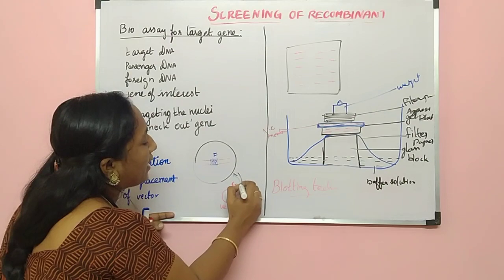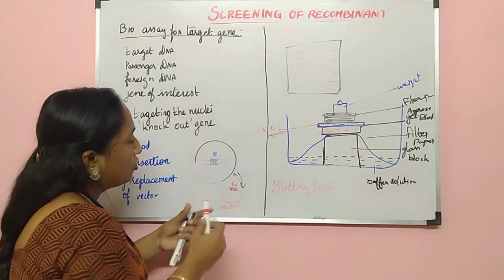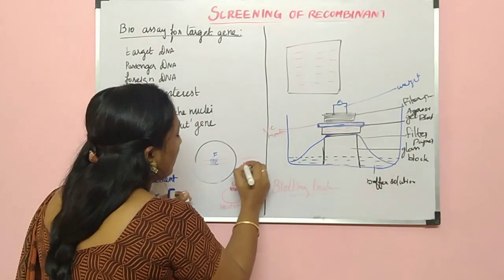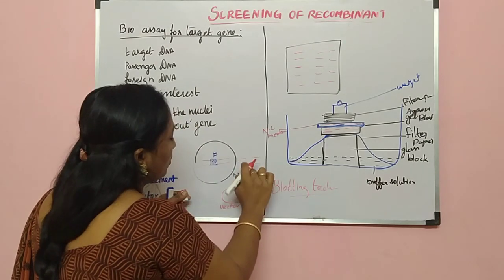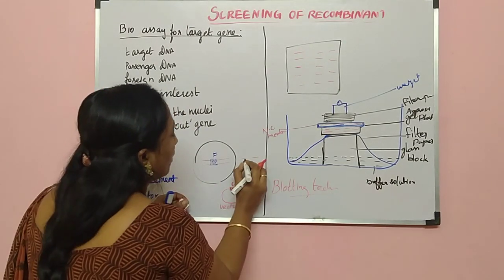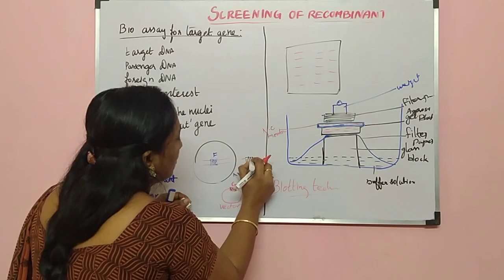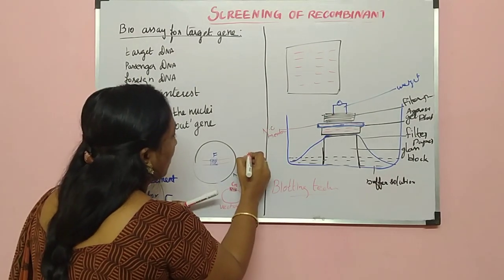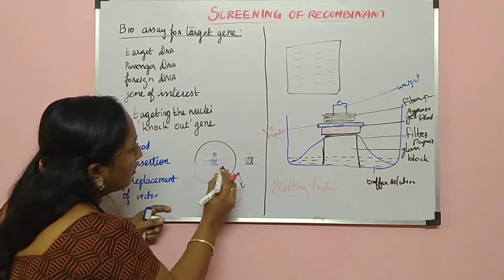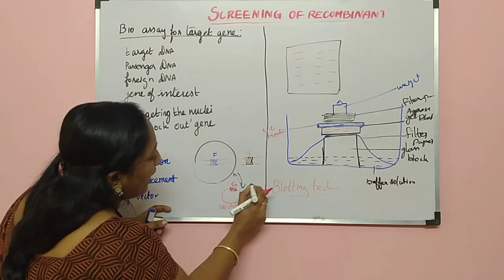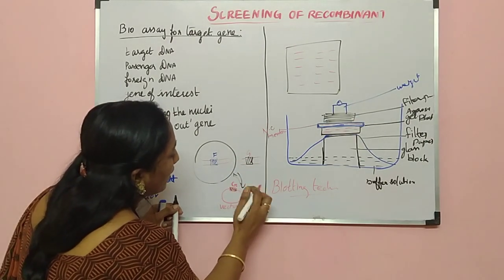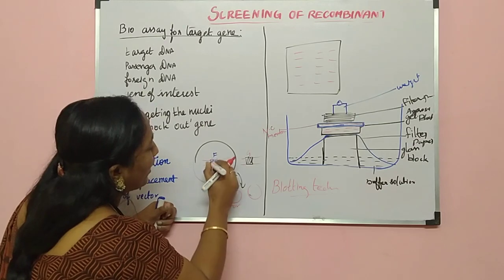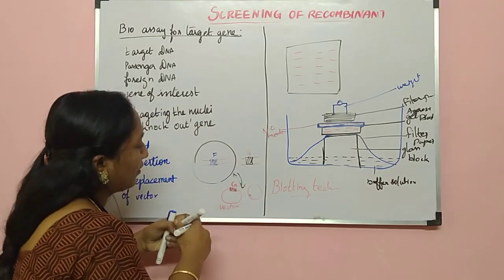So then what happens after that? This strand will be exchanged with G, and this DNA fragment will be exchanged with the F.